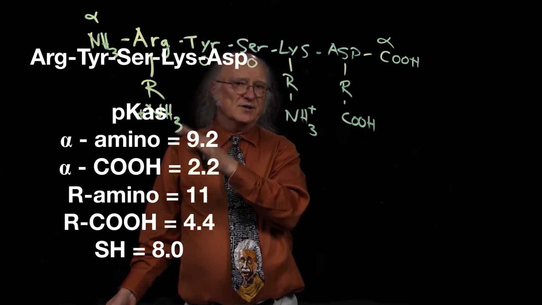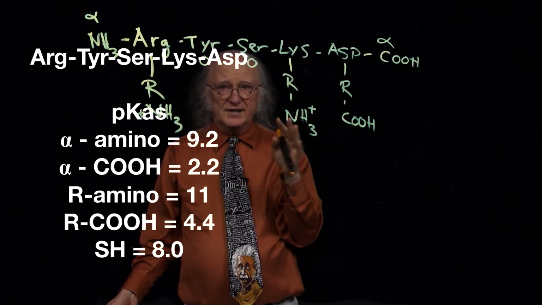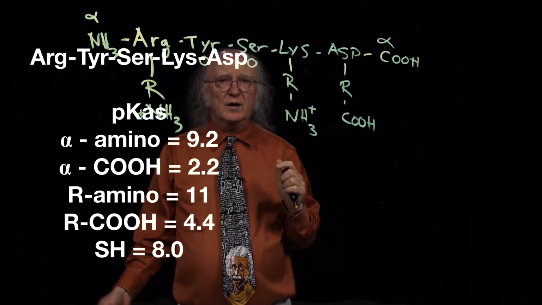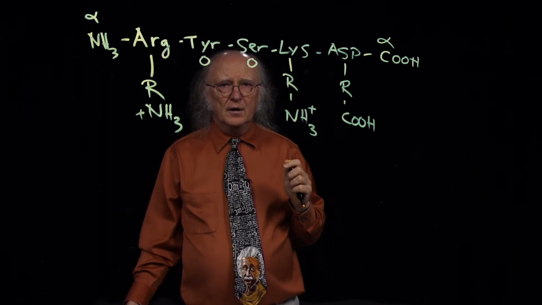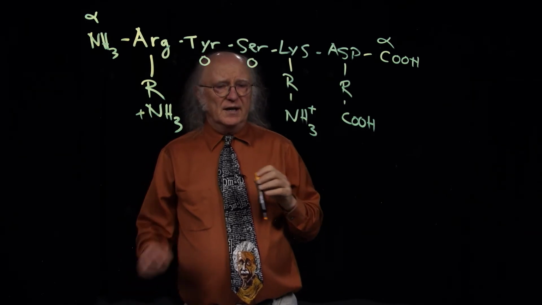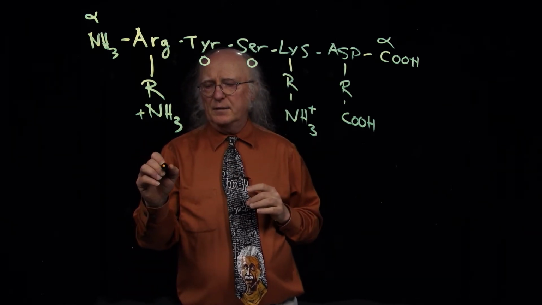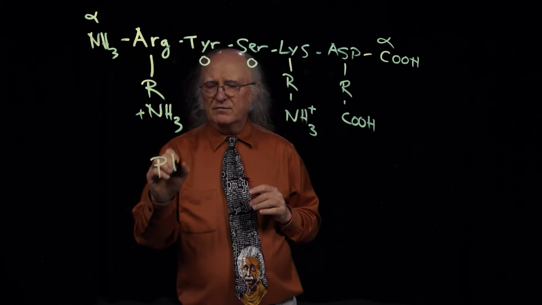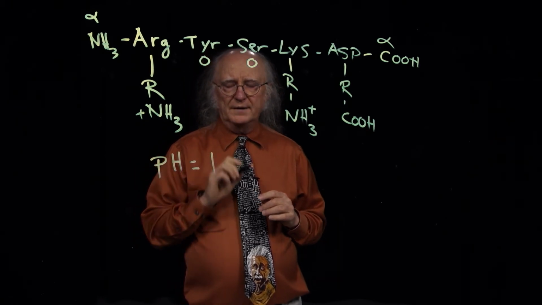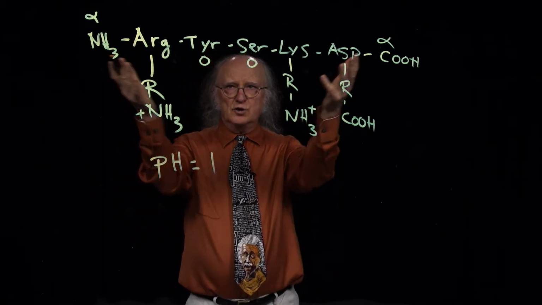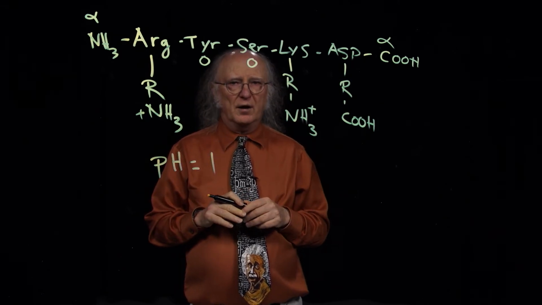We don't have any SHs in here. We don't have any that comes from cysteine. We don't have any cysteines in here, so we don't have to worry about that at all. Well, let's take that information then and say that we've got a mixture that is at a pH value of 1. What is the charge on this overall polypeptide?